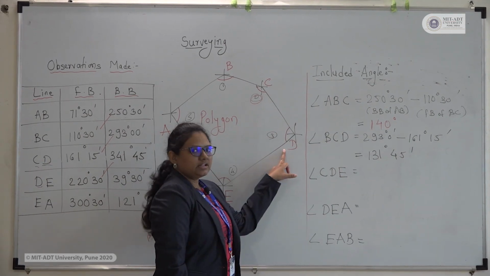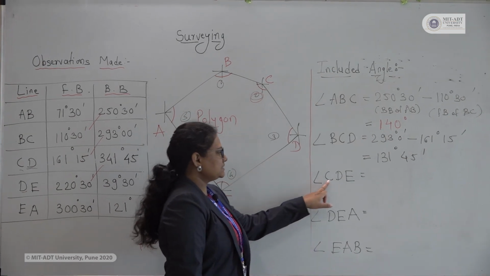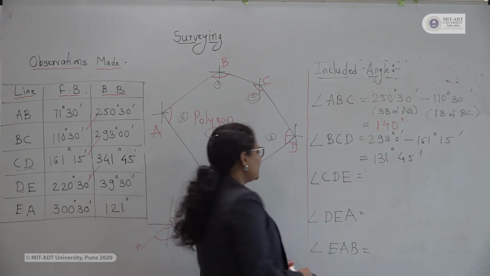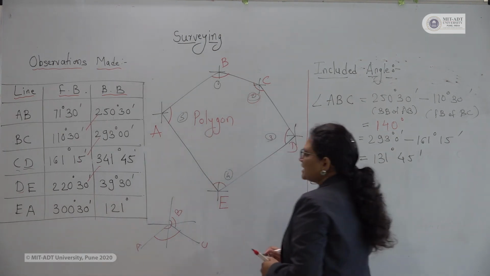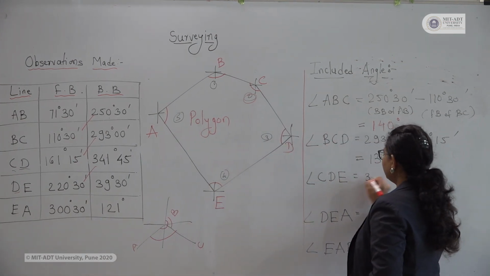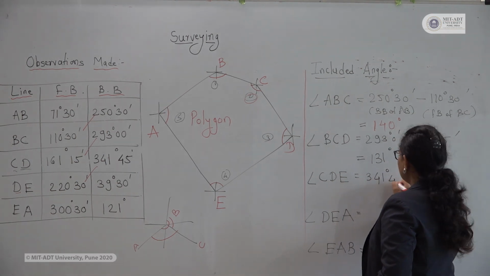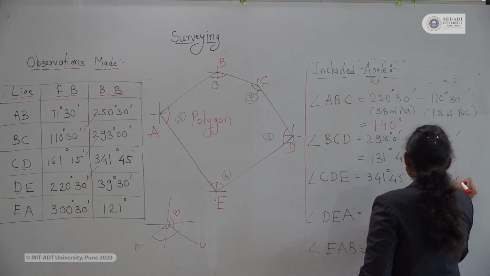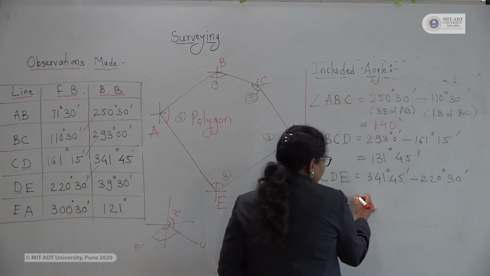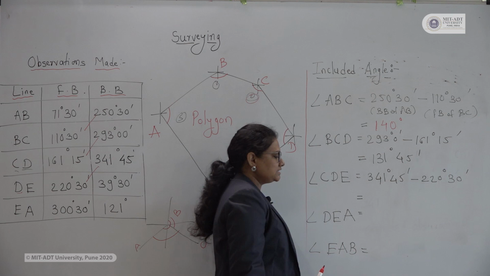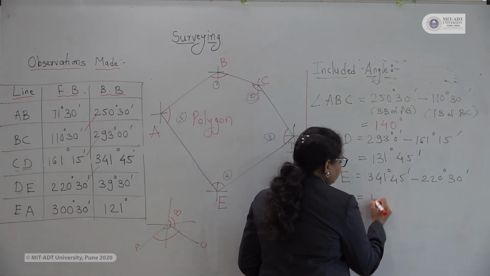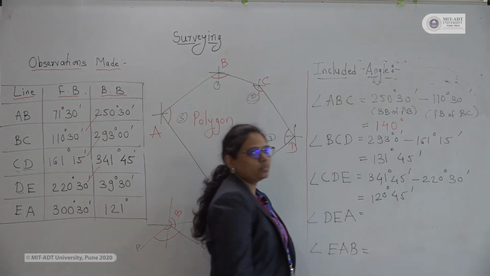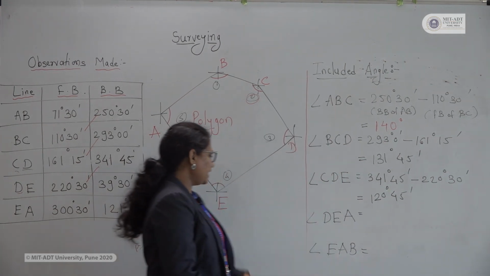Then for the third angle, that is angle CDE, we have to subtract again the fore bearing and back bearing. So for CDE I will simply write 341 degree 45 minutes minus 220 degree 30 minutes, and I will get angle CDE as 120 degree 45 minutes. So this will be your included angle at D.